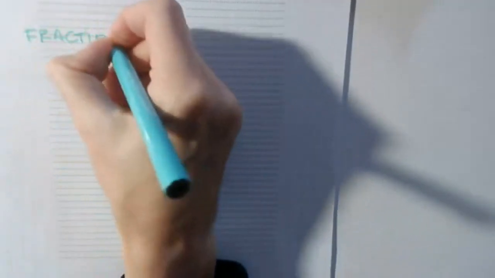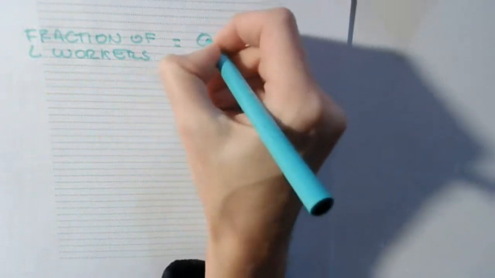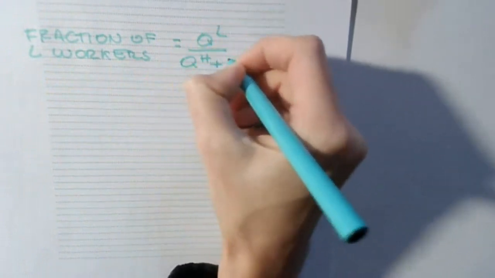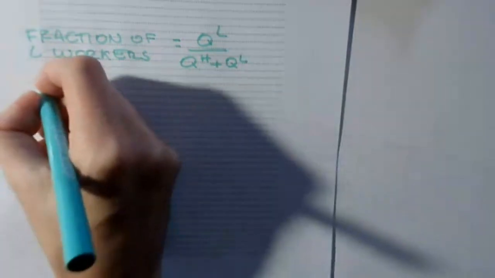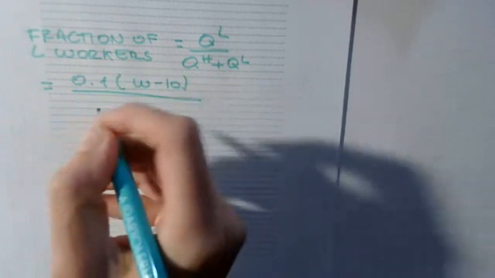Okay, so now we compute the fraction of L workers here. And again, the reasoning is the same. We take QL over QH plus QL. So in this case, we have QL, so 0.1 times (W minus 10), over the sum.